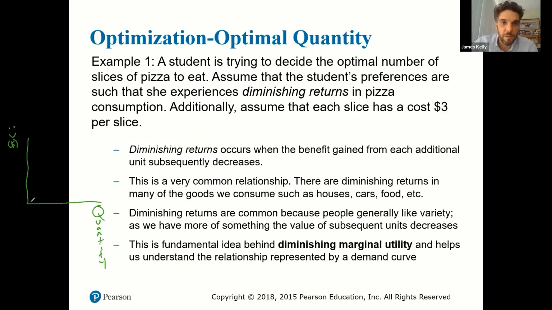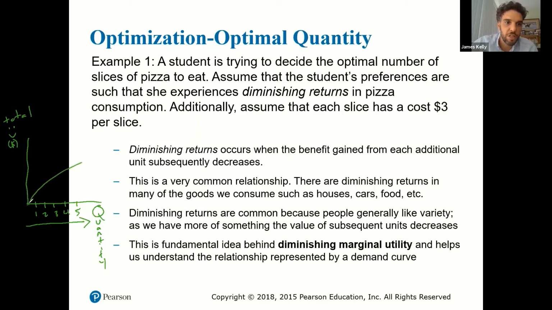So when we talk about diminishing returns, what we're talking about is a relationship where as you increase the amount of something that you consume, as quantity goes up, let's say from 1 to 2 to 3 to 4 to 5, the benefit, the total happiness that you get out of doing that activity or consuming a good from a consumer's standpoint, is going up, but it's going up at a slower rate.